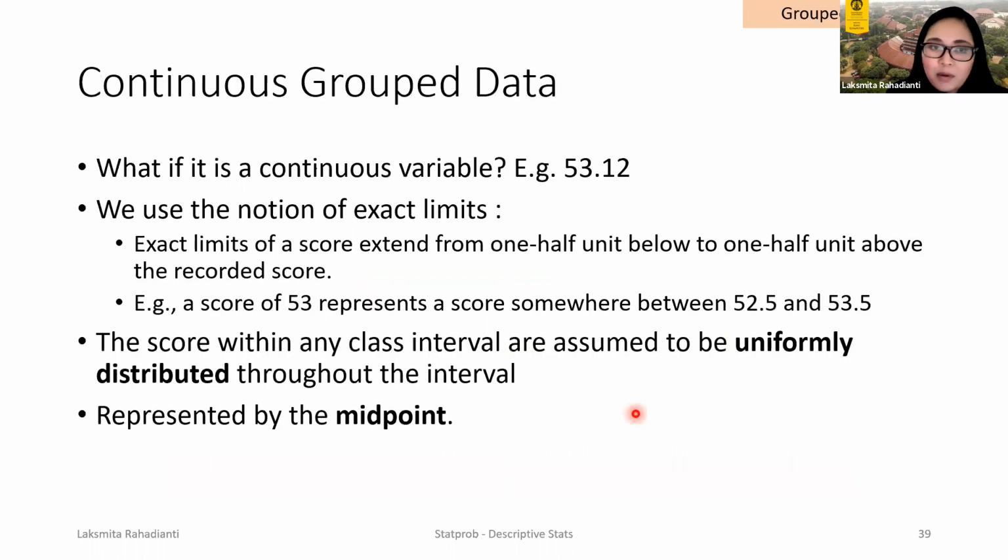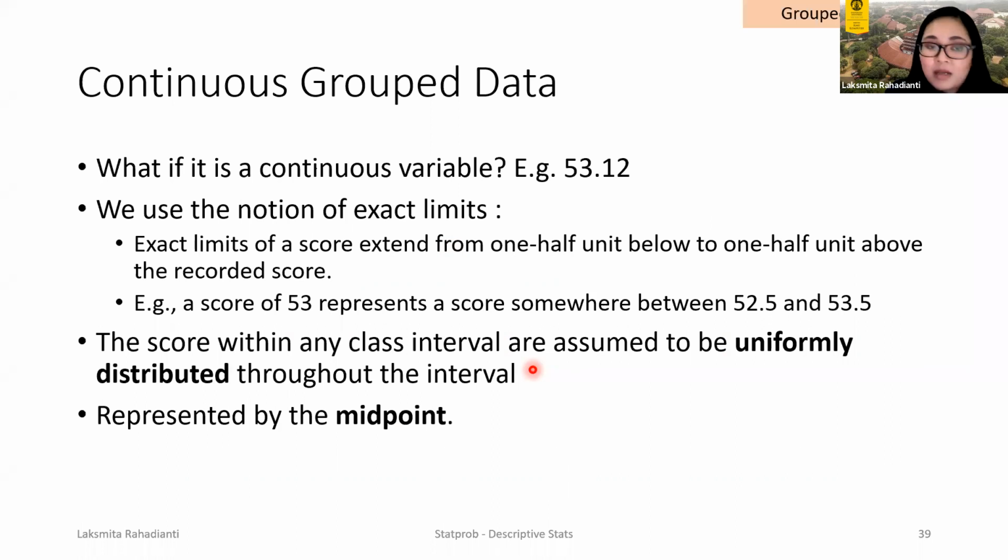So here, when you're talking about continuous grouped data, like what I just mentioned, the first option is that you could adjust the limits, so that it includes all the commas that you need to be considered in your data.